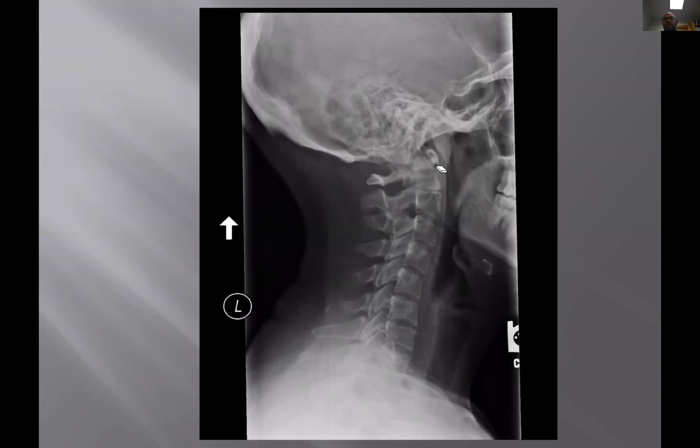All right, detection on this case again. Where is the finding? Agenesis of the dens. Okay, so that's a good diagnosis.